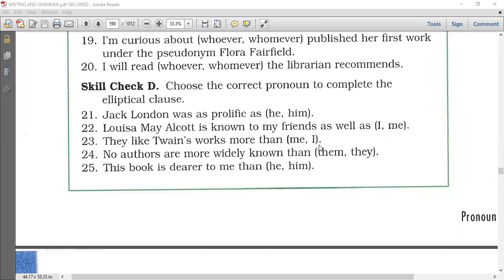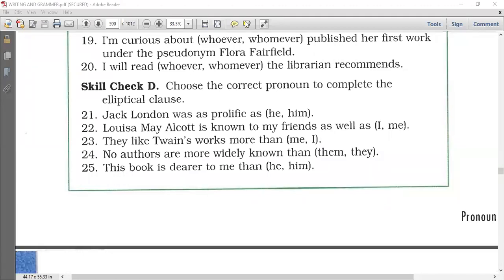Perfect. Because they like the works more than I like them. But if we say more than me, they like the works more than they like me, right? The meaning will be different. Thank you, Hassan. Okay. No authors are more widely known than them or they. Who can answer this?